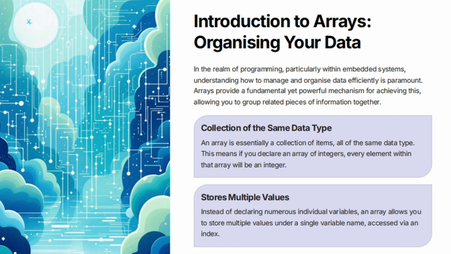Stores multiple values. The real beauty of an array is that instead of declaring dozens of individual variables, you can store multiple values under one single variable name. You can then easily access any specific value using its index.